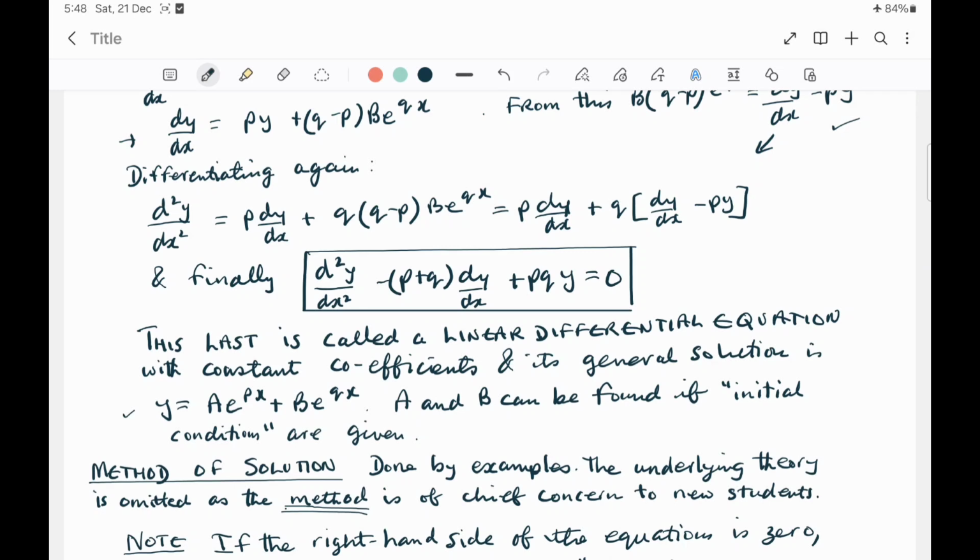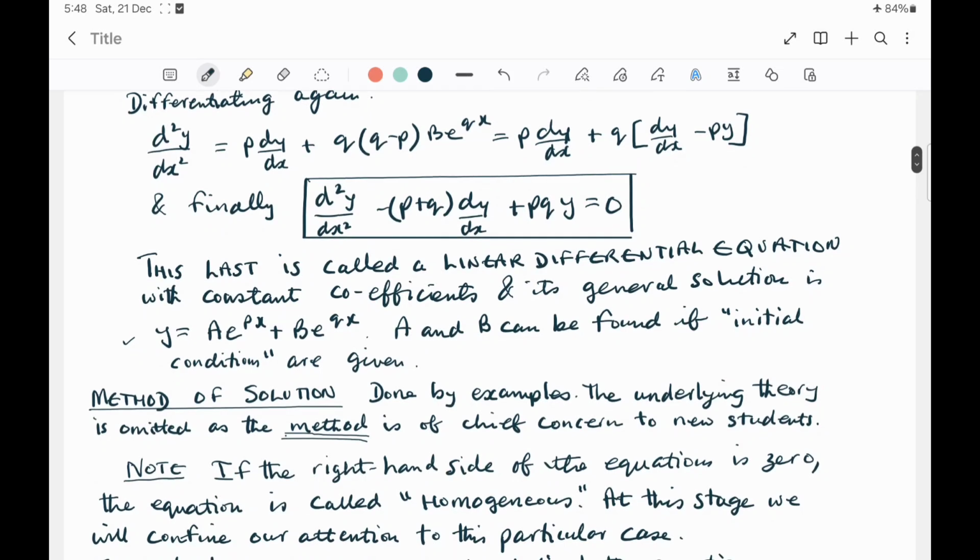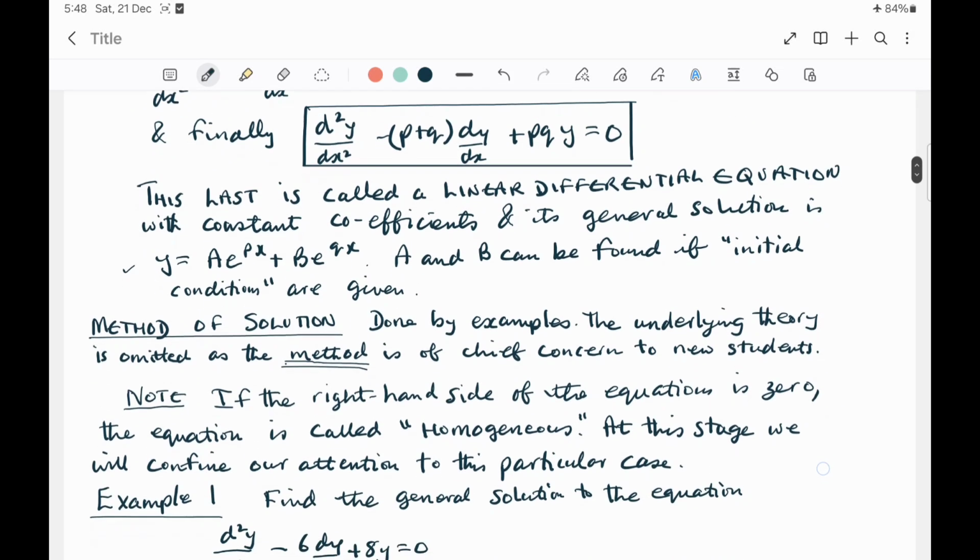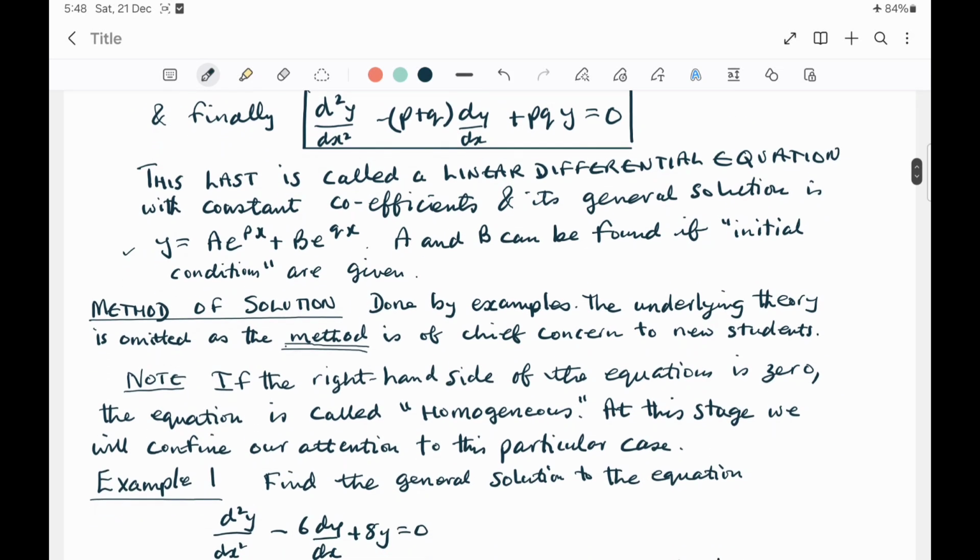Now, the method of solution is what's the main concern for you here, if you're given an equation like that. And we're going to illustrate this just using examples. And I made a note here that the underlying theory is omitted, as the important thing as far as you are concerned is the method, if this is your first acquaintance with this particular topic.